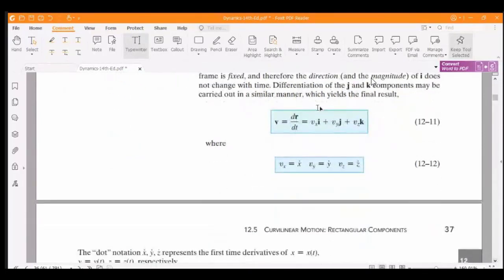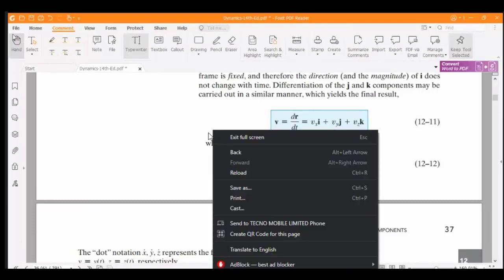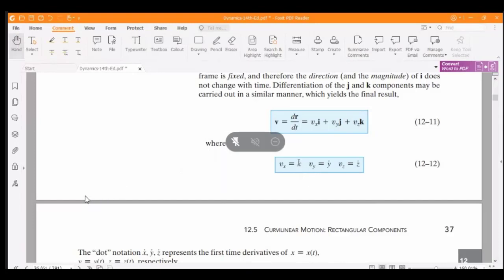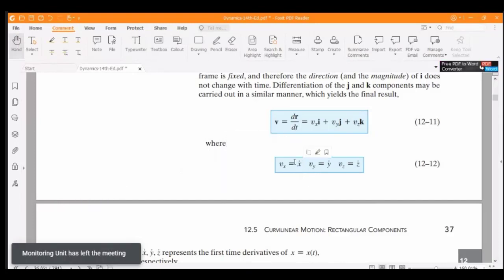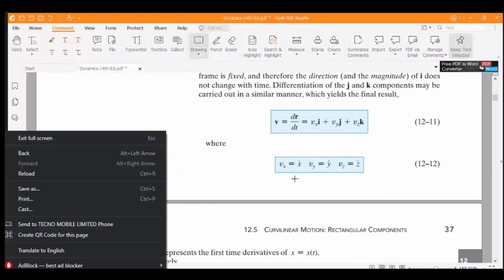So when you have it, then the next thing we can do is Vx equals x dot. Many a times we also write in this manner, x dot. Here can you see the x dot? Yes, sir. Then y dot and z dot.